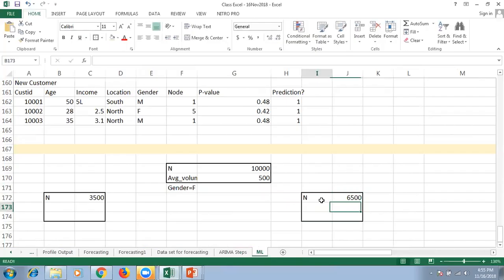Assuming that girls are purchasing more items, the volume will be, instead of 500, probably 1,200. And this average volume is, just to make him happy, we'll give it as 100.